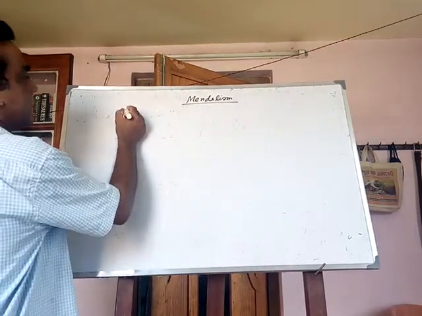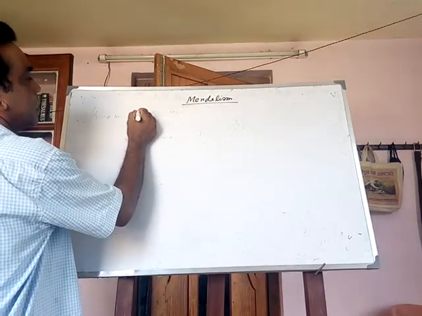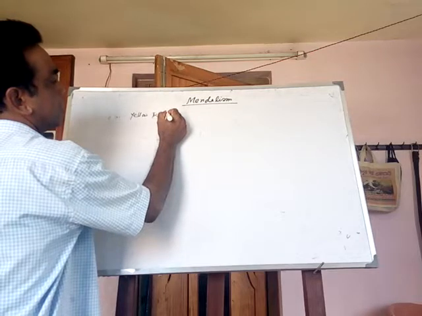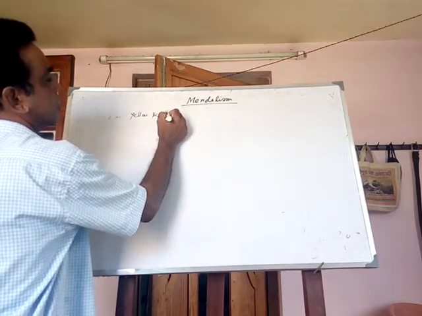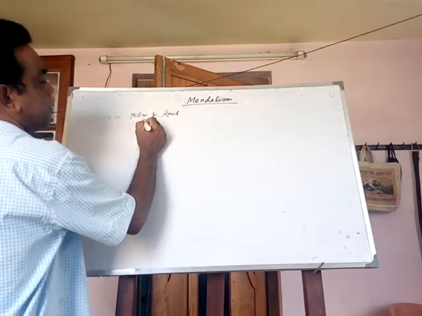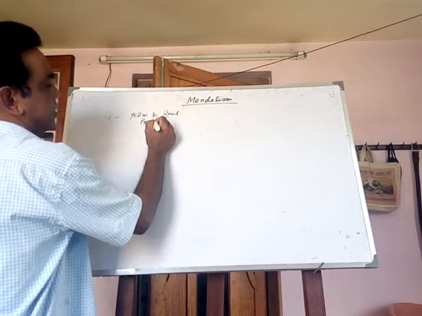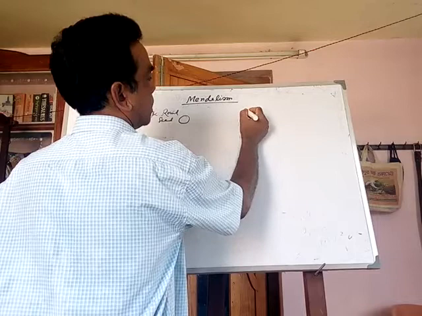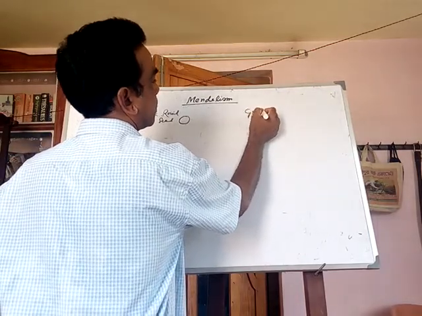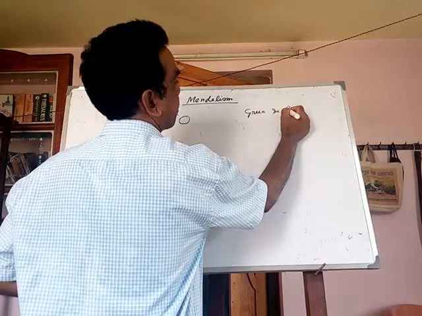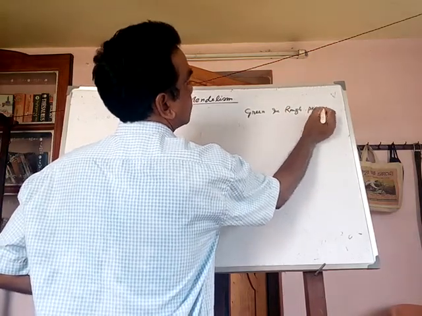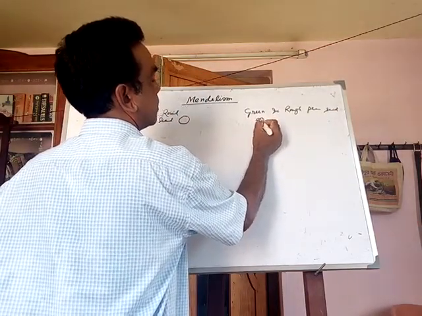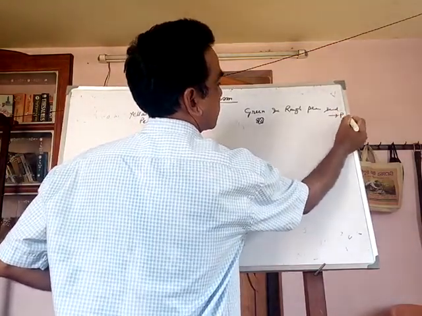Now, the yellow and round pea seed plant, that is, and the green and rough pea seed plant, that is, and cross it, these are pea generations.